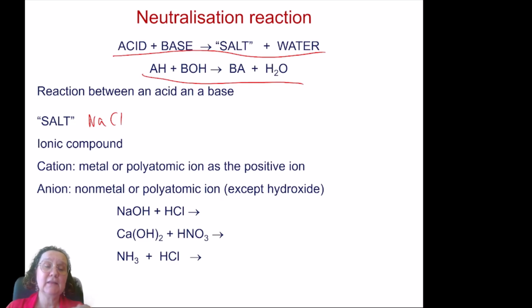And again, the anion can be a polyatomic ion, so a group of atoms bonded with covalent bonds, but that have, in this case, a negative charge, or a non-metal. The only polyatomic ion it can't be is the hydroxide anion, the OH minus, but any other could be part of your salt.